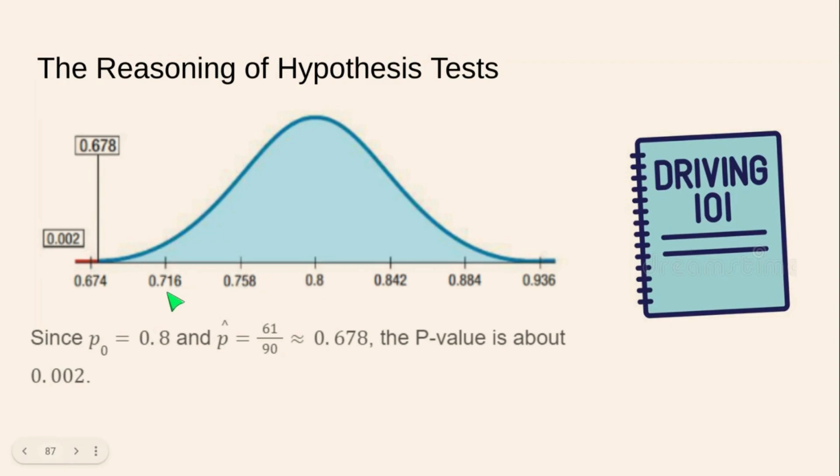Notice I'm going some number of standard deviations out to the left and right of my assumed population proportion. How many do I need to go to the left, because I'm considering the left tail for this study, to get to my proportion from my sample, which is 61 out of 90 equals 0.678, just shy of 70%?